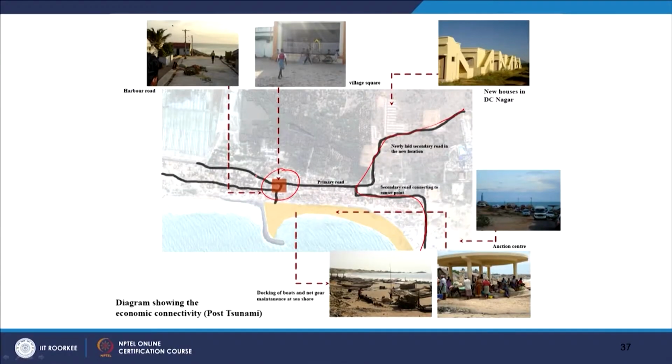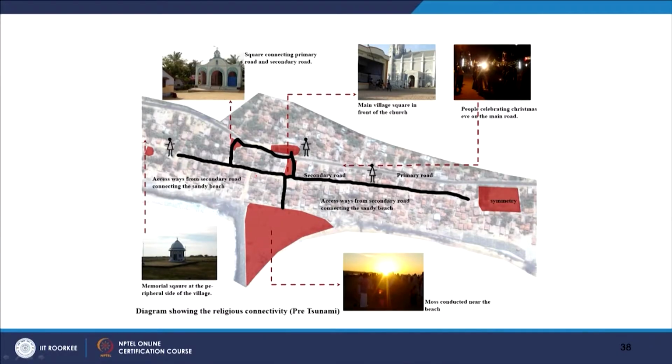The church is in the center, the village parish church, and even for the elder people to go and conduct their prayers in the church has become very difficult. Or to attend any village council meeting, it has become very difficult. Even to celebrate festivals. Christmas was one of the important festivals, and every street used to become a celebration.